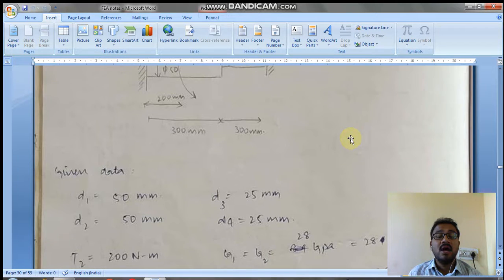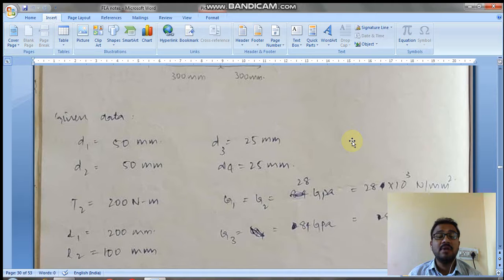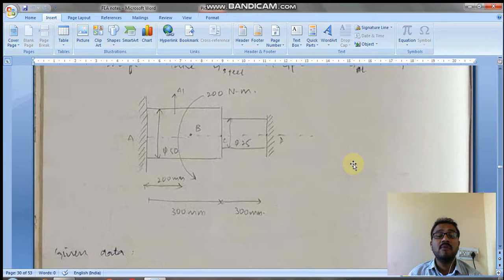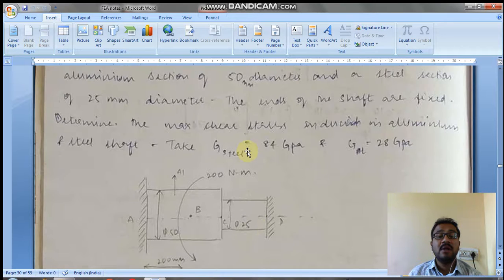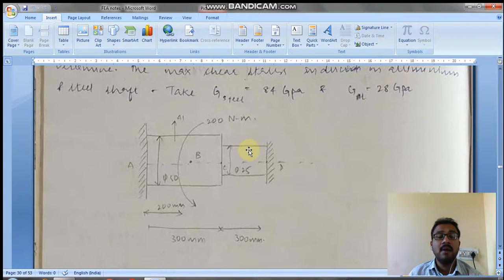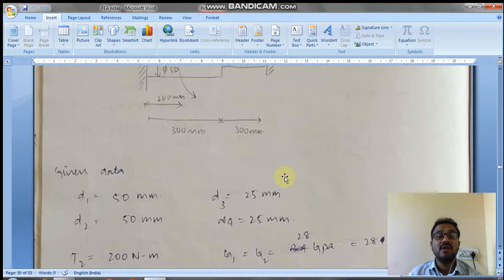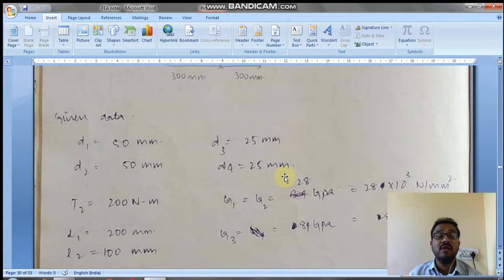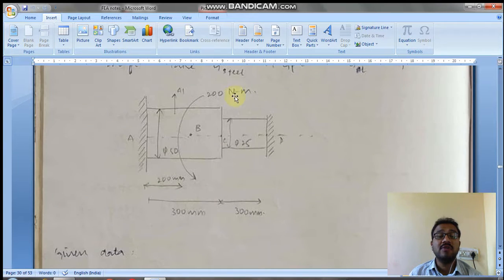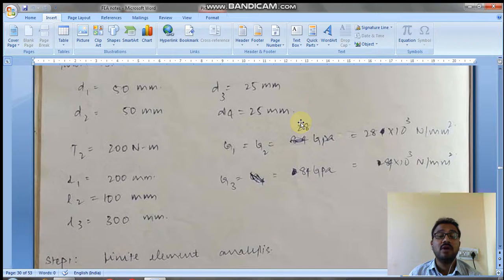First, as usual, the very important step in the entire problem is that whatever data is given, we write it in the required unit. In this problem, the torque is given in meter, while the diameter and length are given in mm. So it is better to keep everything in mm, and convert the given torque also in terms of mm.